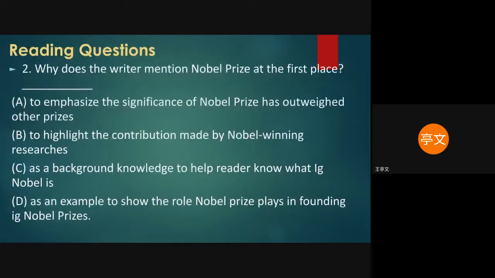Why does the writer mention Nobel Prize in the first place? 为什么这个作者呢一开始要提到诺贝尔奖呢？ So I'll read the options for you, and while I'm doing so, it gives you some time to think. A, to emphasize the significance of Nobel Prize.